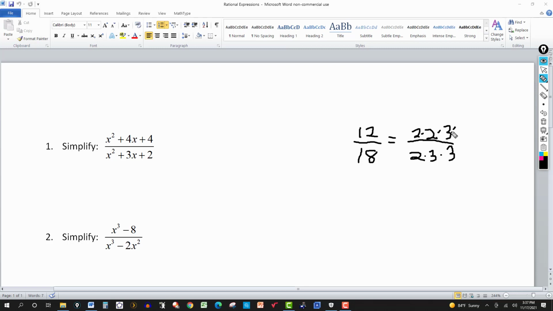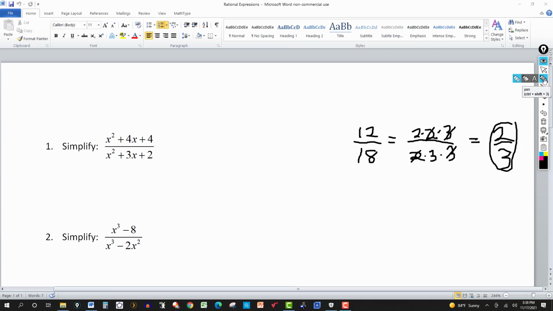So notice this cancels, so dividing out. This 2 and this 2 cancel out. What's left? So these are 1s actually, because they're divided out, so it's 2 times 1 times 1. What's left is just a 2. And the bottom, what's left is basically a 3. Because again, this is 1 times 3 times 1. Again, this gives me 2/3.